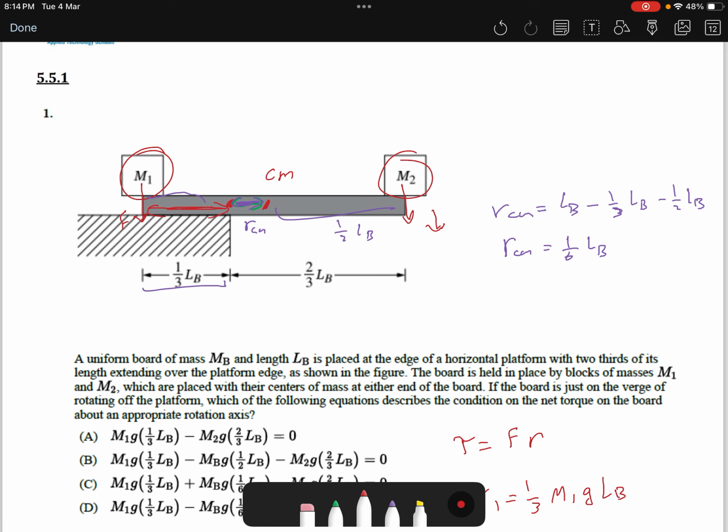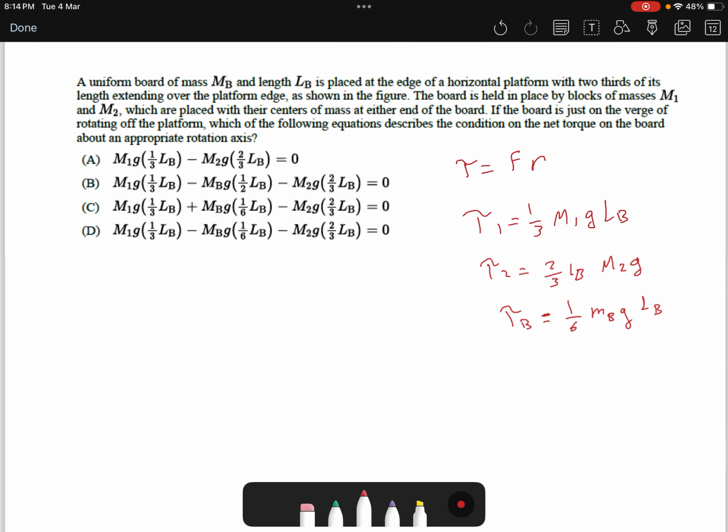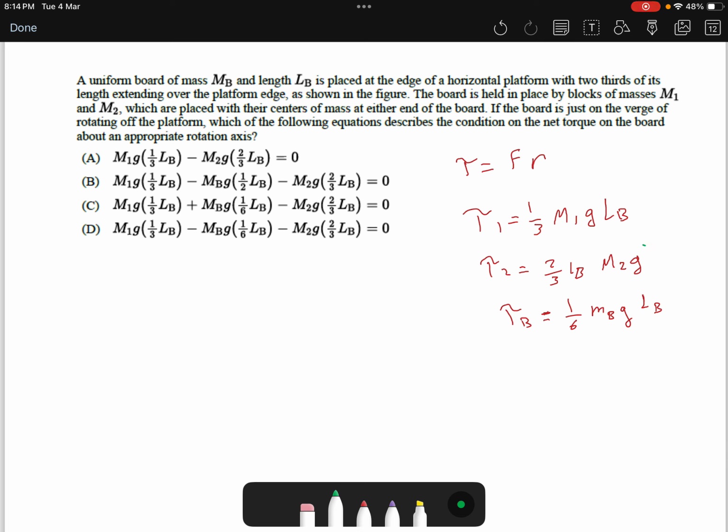The torque of M2 is counterclockwise. So the only positive one is this one, because it's counterclockwise. These two are negative because they will be clockwise. So the answer is D. Right? Exactly.